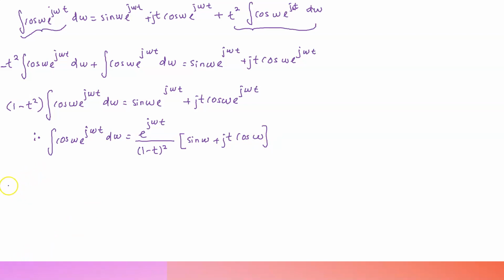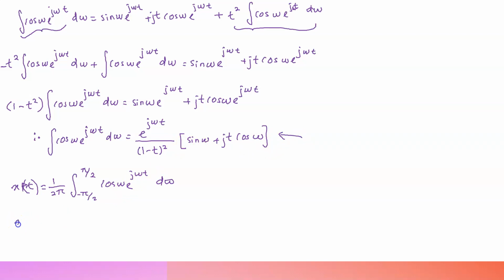Okay, and if you remember, in the previous slide we said that the general formula for the inverse Fourier transform is 1 over 2 pi, integration from minus pi over 2 to pi over 2 of cos omega e^{jωt} dω. So you replace this with this.